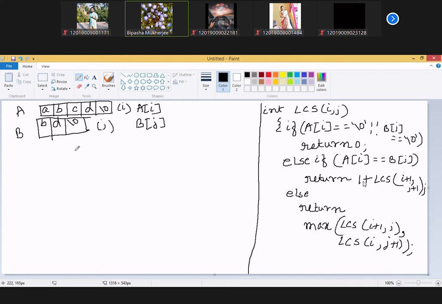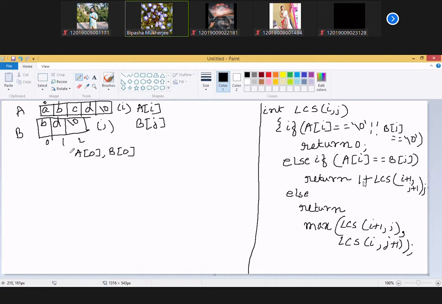How is it proceeding? Let's take the 0 index, so this is 0, 1, 2, 3, 4, and this is 0, 1, 2. So you may start with 0, 0, A0, B0. Every time you need to do this.